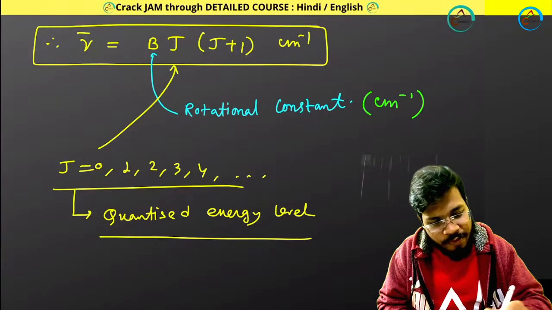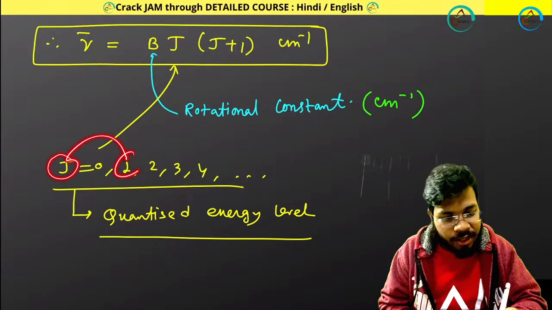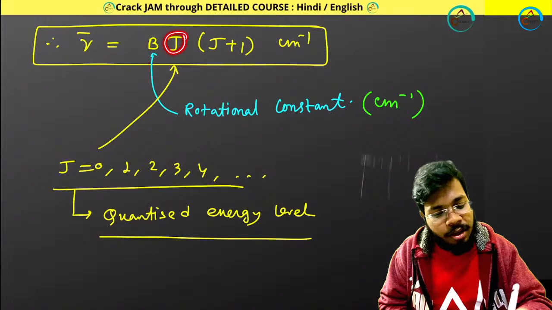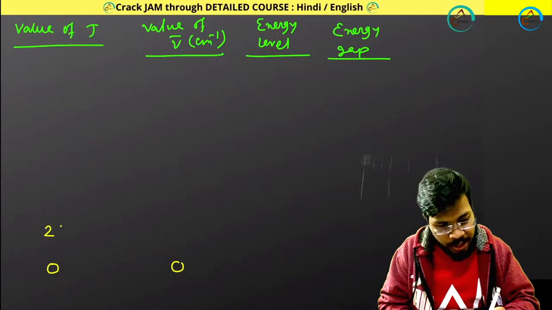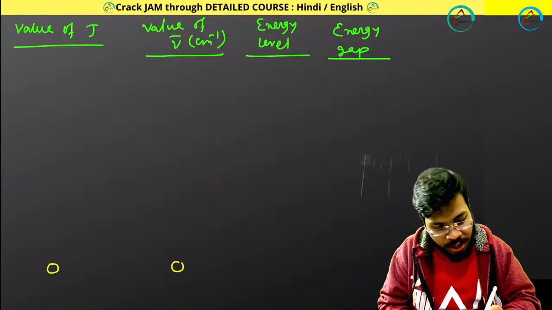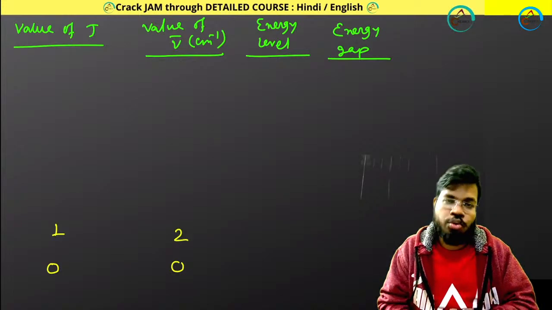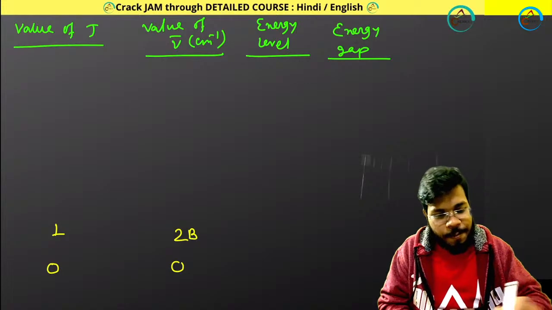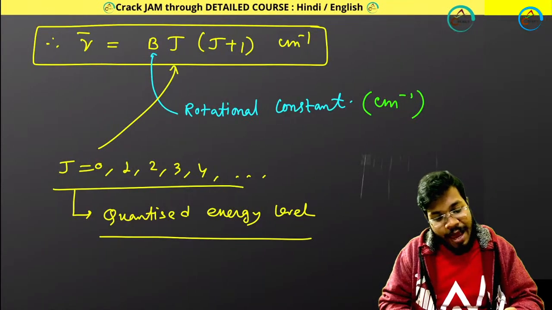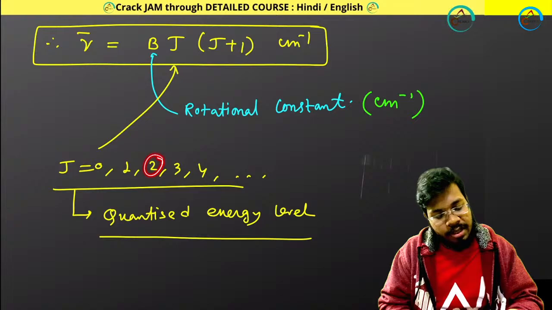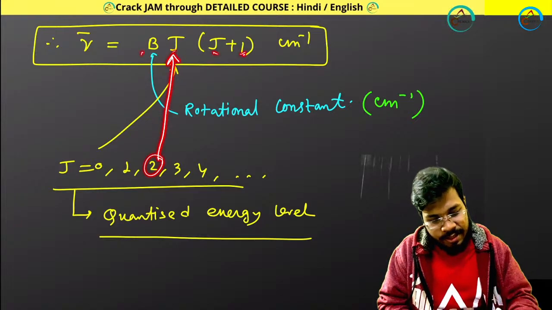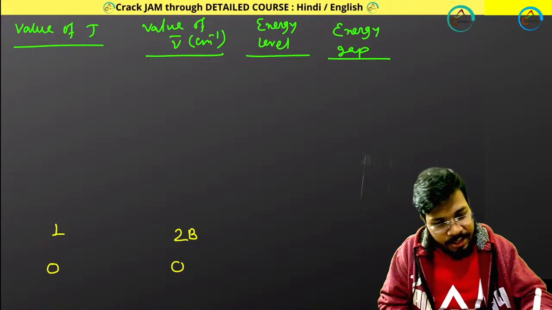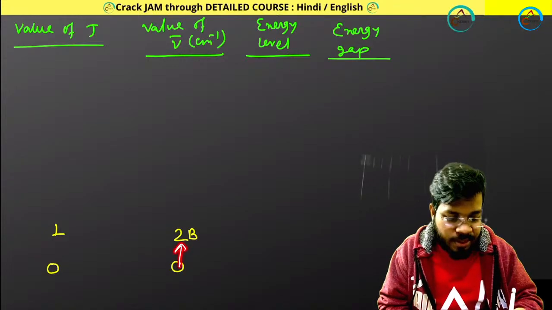Similarly, if you put j equals 1, it will become 1 plus 1, 2b. So for j equals 1 you will be getting nu bar value 2b. Then if you take j equals 2, that means 2 plus 1, 3, 6b, right? That means this is the 0 to 2b gap.